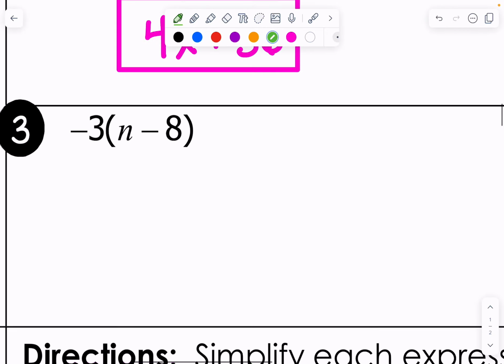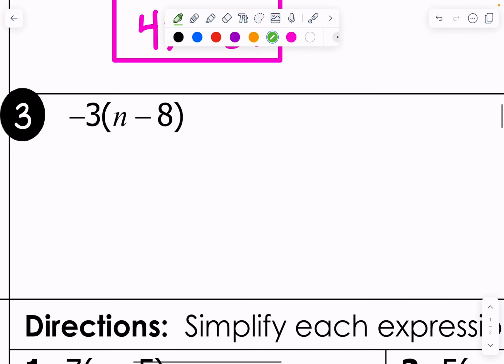Now, here's where it gets a little interesting. Let's look at example 3. We have -3 times the quantity n minus 8. Well, we're going to take -3 times n.